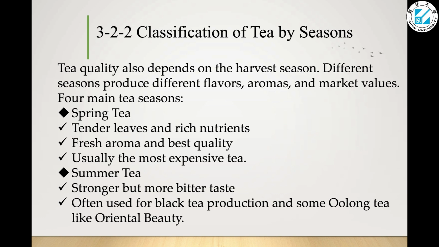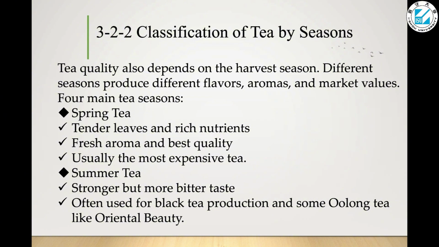The best, as I said, is springtime. In springtime, the leaves are much more tender and rich in nutrients, because after a long winter, especially on the mountainside, they have really rich flavor and aroma. And the nutrients are rich too.